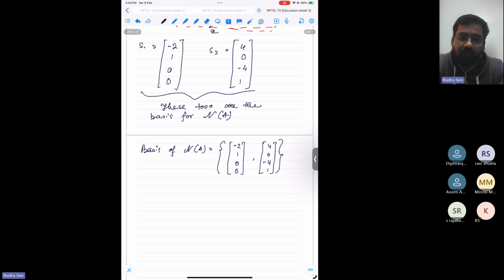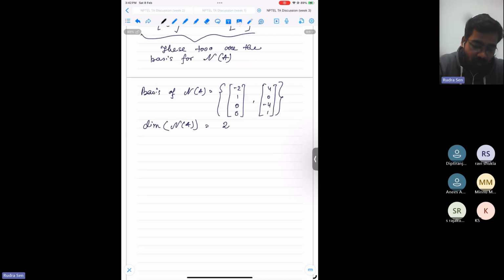Because we choose one of the free variables as 1 and 0 in one case, and 0 and 1 in the second case. So definitely these two are linearly independent, and the dimension of the null space of A is 2. Now, what does the rank-nullity theorem say?